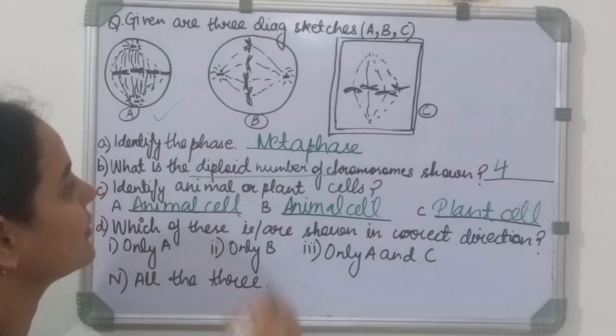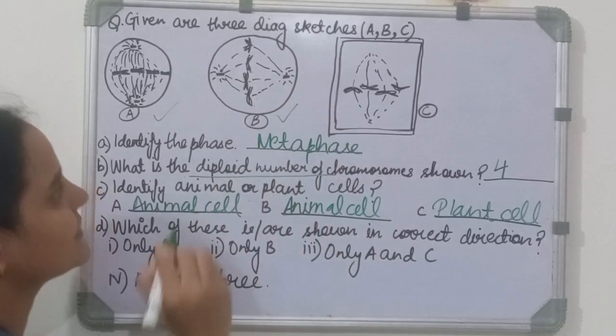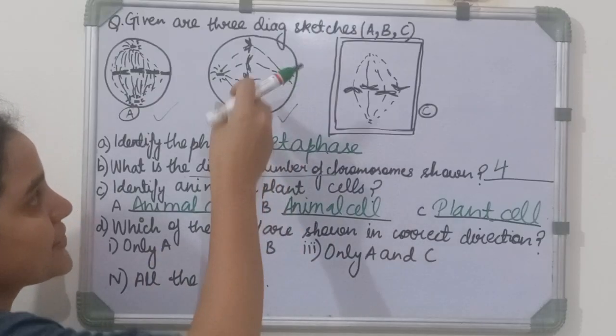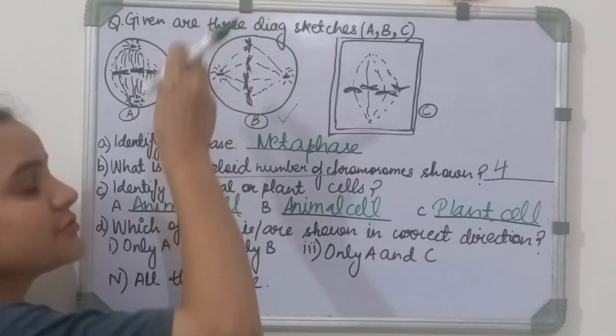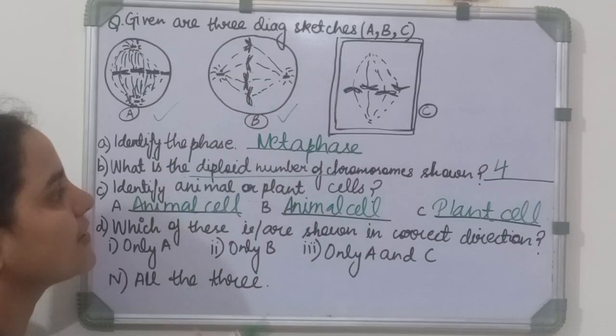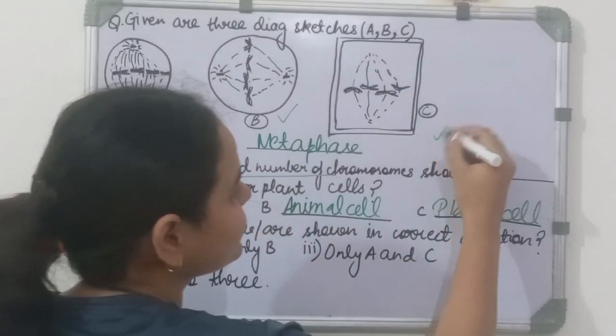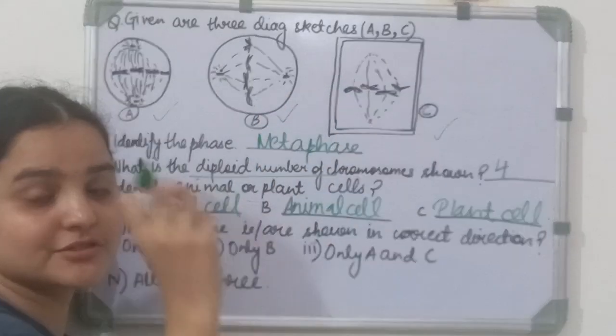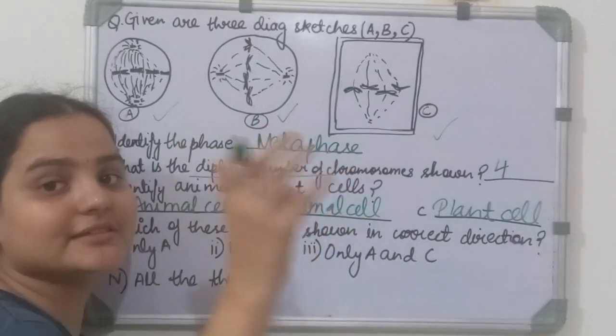In case of B also, it is correct. We can see the spindle fibers joining the centromere of the chromosome, and the chromosomes are arranged at the equator plane. So B is also correct. This C is also correct. Both B and C are given in your book. Just go and check the metaphasic stage.